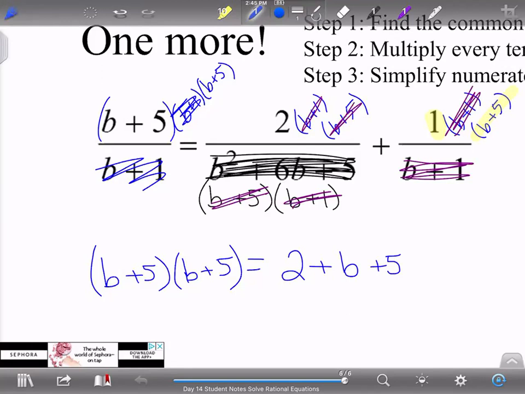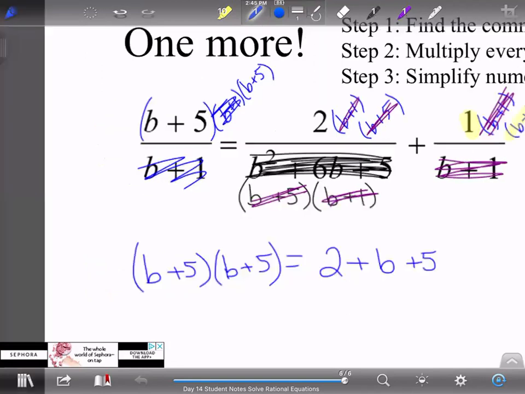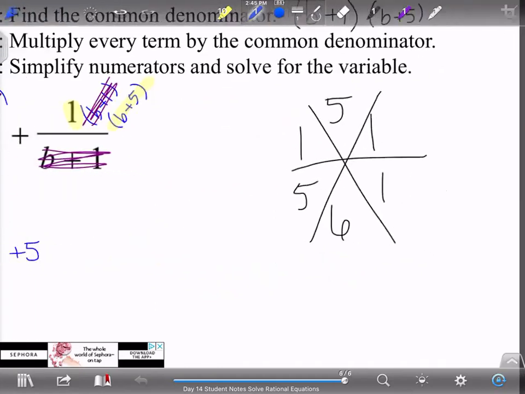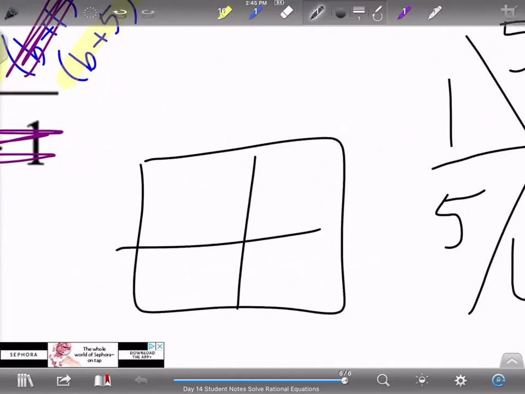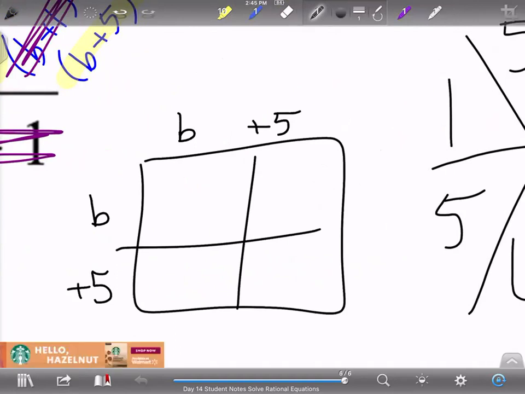So now on the left-hand side, we're going to go ahead and box the b plus 5 times the b plus 5. I'm going to go over here to the side. B plus 5 times b plus 5. Again, if you were taught to FOIL or double distribute, you can multiply those together that way as well.